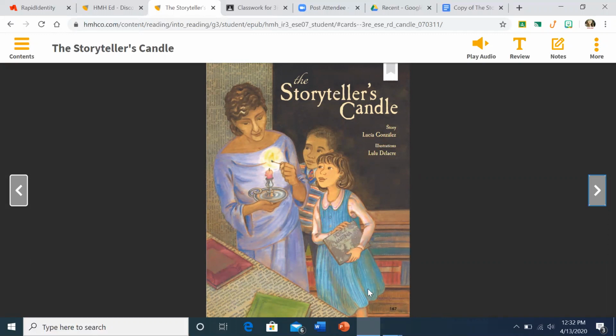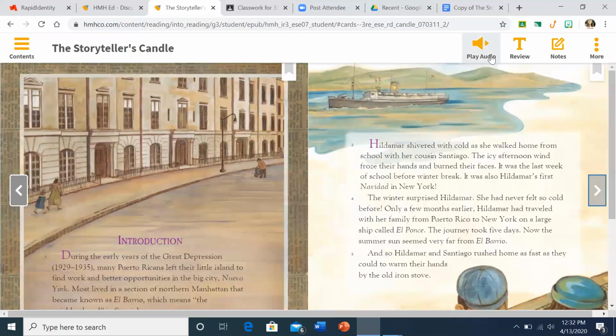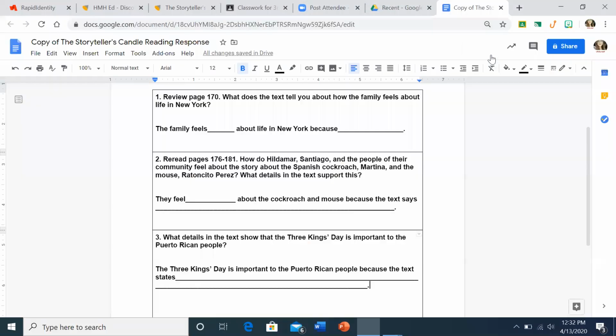So maybe they're in a classroom. And then she has a book that says Perez Martina. I think that was the name of the cockroach in the question that we read. I'm going to go back and look real quick. Yeah, Spanish cockroach, Martina.